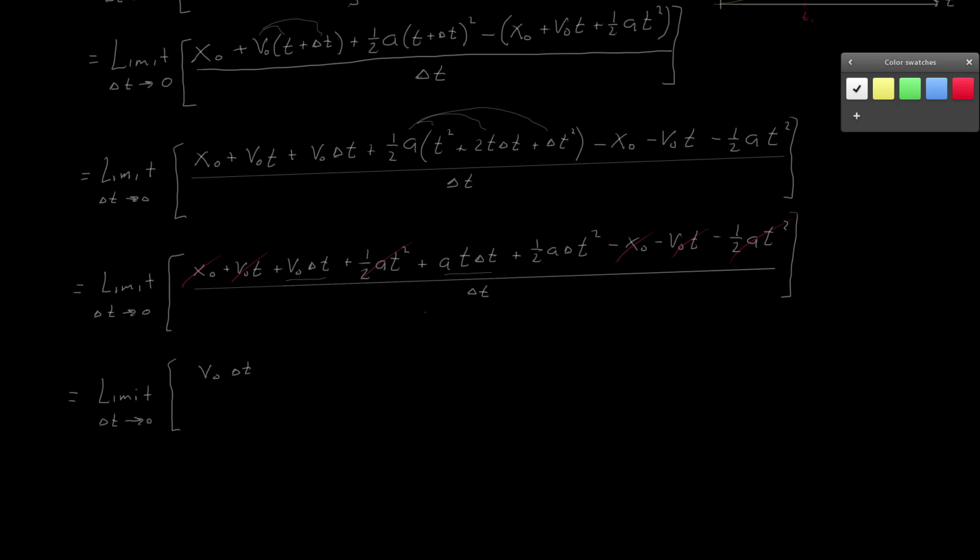And I've got this term plus a t times delta t. I've got this term plus 1/2 a delta t squared. And all of that is over that super small change in time that's going to approach 0 in just a moment.